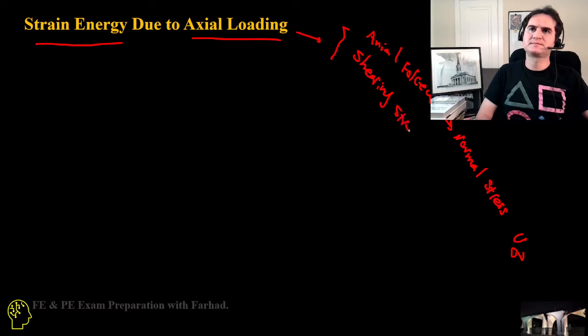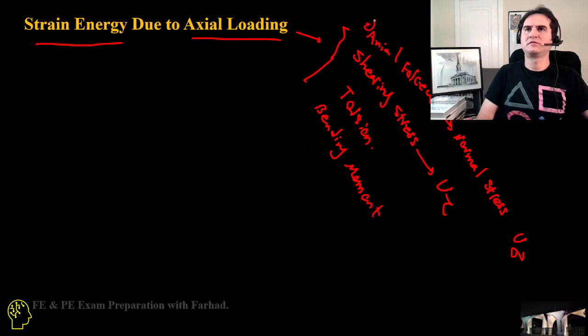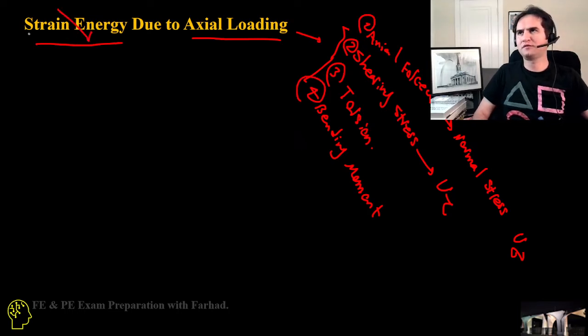Shearing stress, that's U tau. Torsion and bending moment. So they are one, two, three, and four situations for calculation of four different conditions for strain energy.